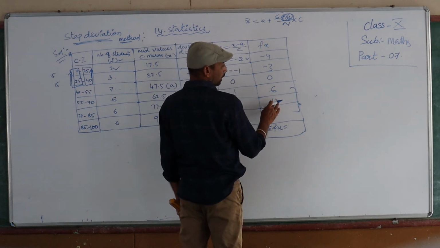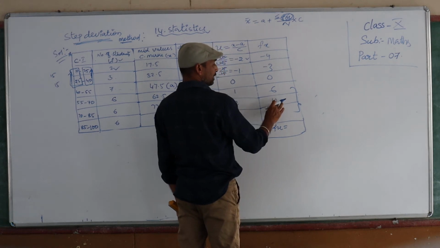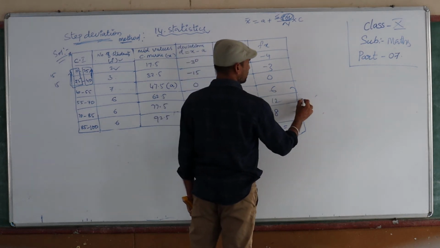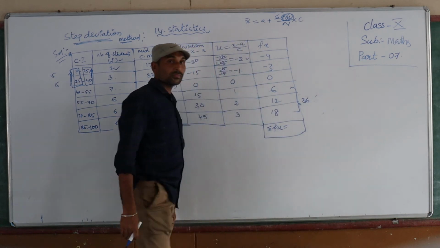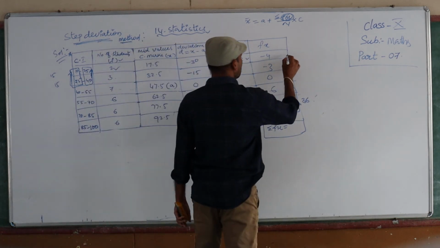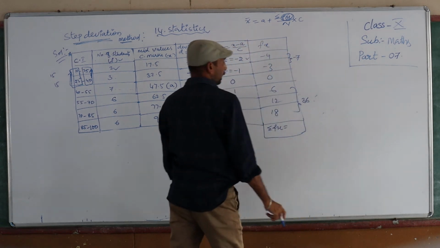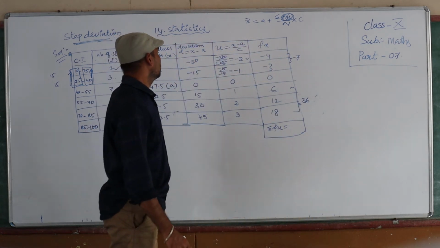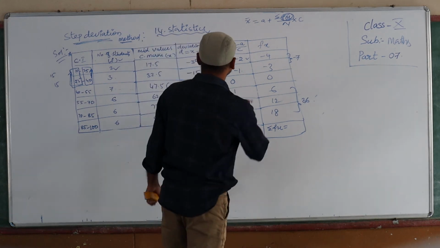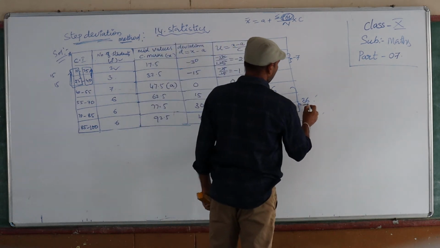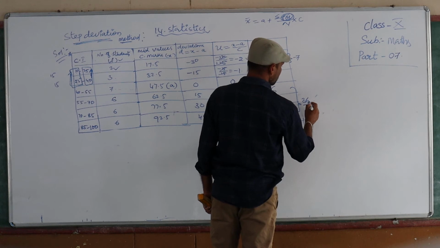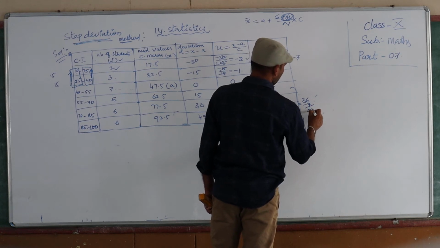First add the positive values: 6 plus 12 plus 18 is 36. Then the minus values, minus 4 and minus 3, total minus 7. So 36 minus 7, how much do we get? 29.